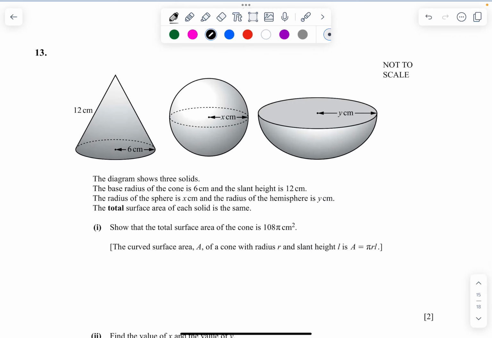Question number 13. The diagram has three solids. In these three solids, the base radius of the cone is 6 centimeters and the slant height has been given. What is being asked over there?